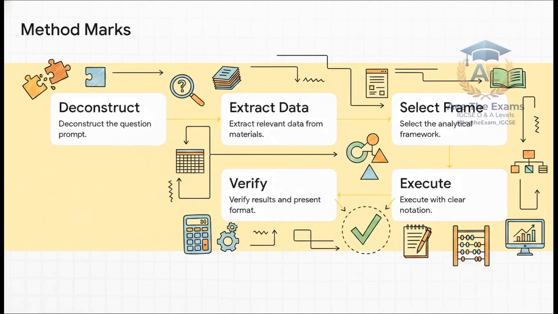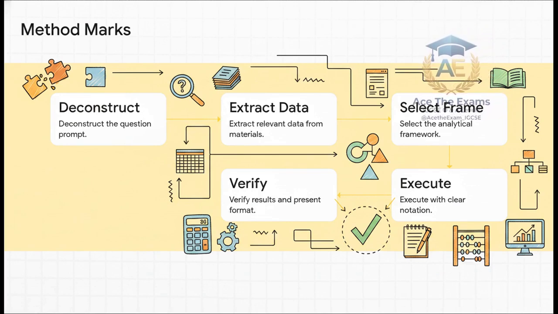Moving right along to phase 2, debugging the command matrix. Okay, so we've got Dev Alex and Dev Sam frantically mapping out their response outlines right now. They are trying to secure what Cambridge officially calls method marks. And this sequence you see right here, this is your golden algorithm. Step 1, deconstruct the prompt. Step 2, extract the relevant data. And actually, scratch that. It's not just extracting data. It's specifically separating the apportioned fixed costs from the unavoidable fixed costs.